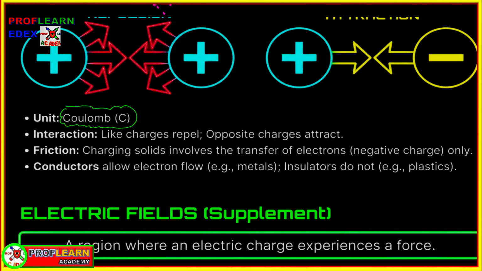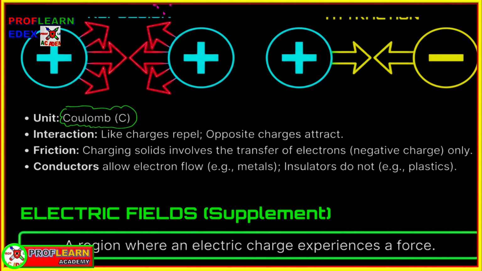The material which receives electrons becomes negatively charged, and the material where electrons are removed from remains positively charged. So you need to understand that.